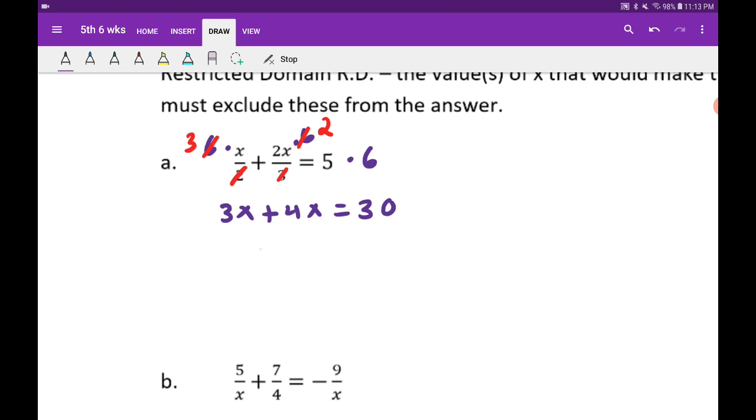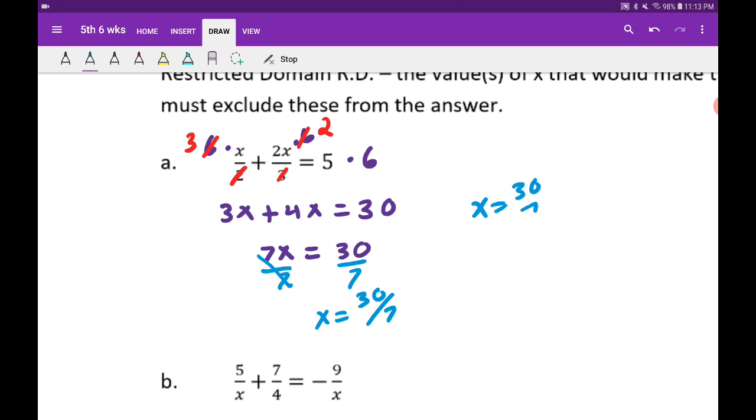Pretty easy. Combine like terms, we get 7x equals 30. Divide both sides by 7, and we get x equals 30 over 7. That will be our answer to example A.